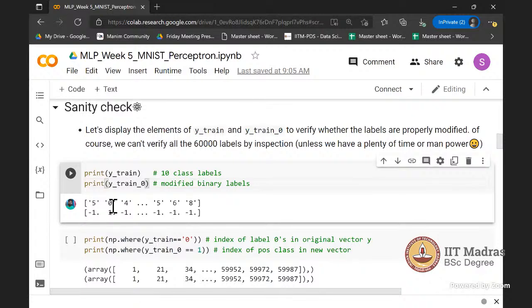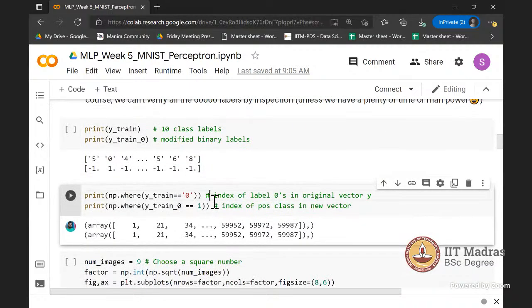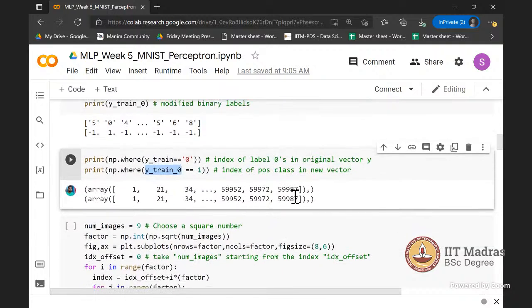We can see that wherever there is 0, the corresponding label in ytrain0 is 1, and everywhere else it is -1. So it looks okay. We can do this checking by one more method. We can look at where 0 is present in the original label vector and the modified label vector, and you'll see that the indices come out exactly the same.